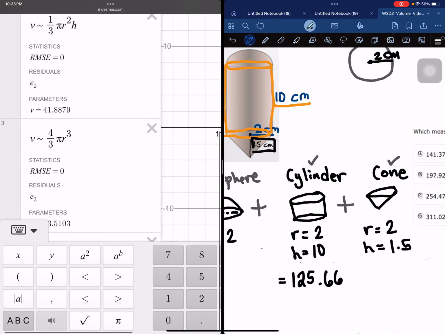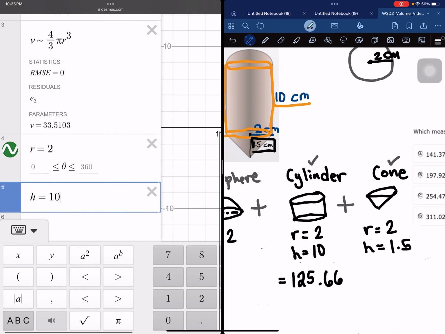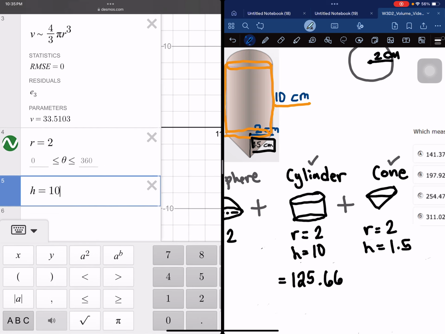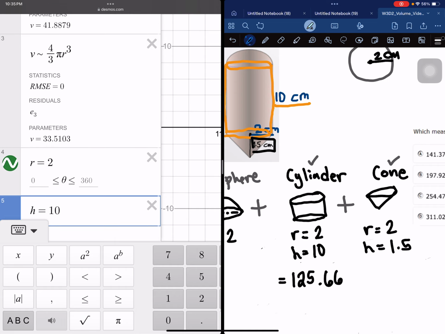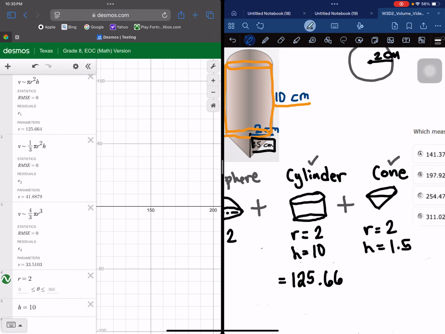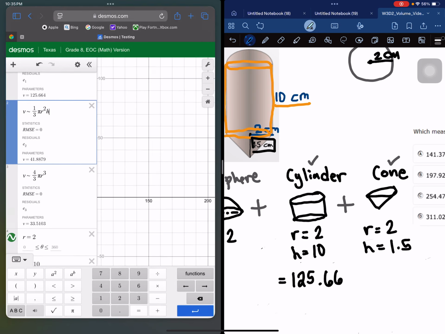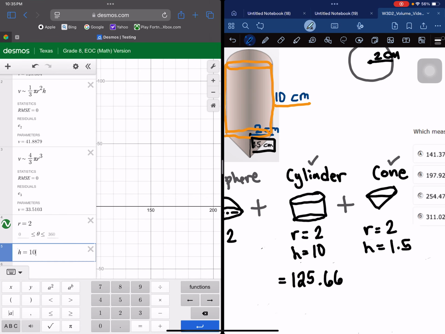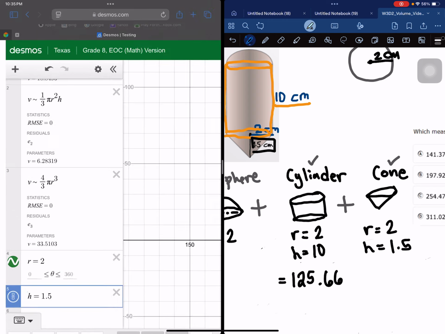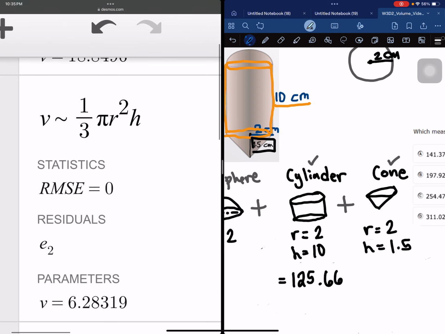Now, I'm going to change the height into 1.5 so that we can accommodate the cone. And the cone formula is the middle one. Observe, it's 6.28.